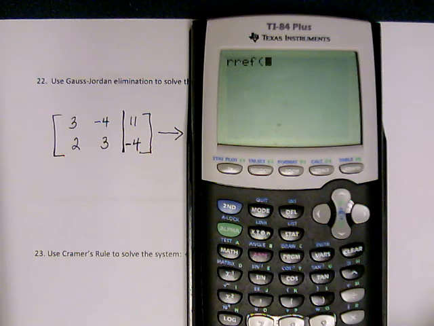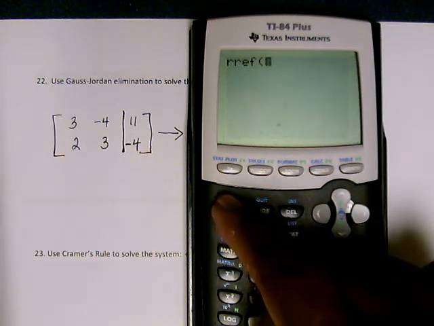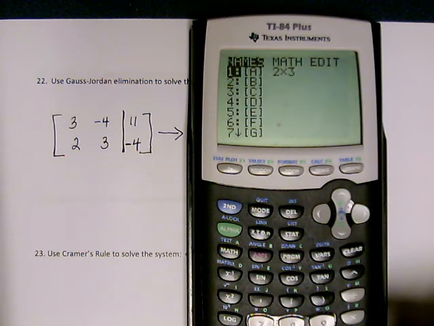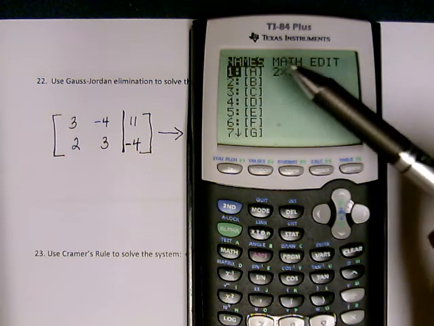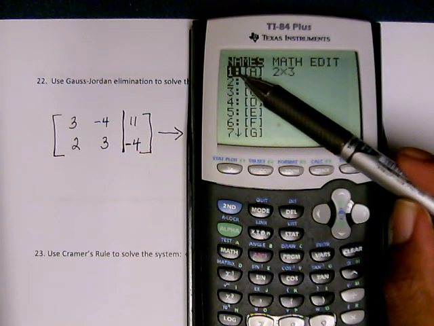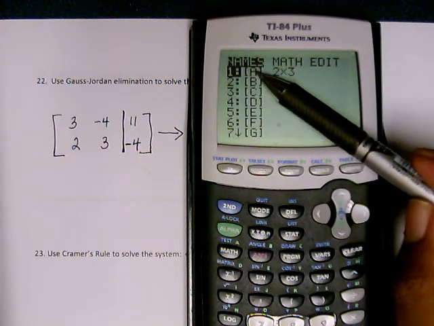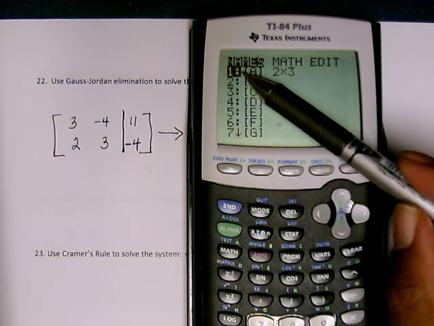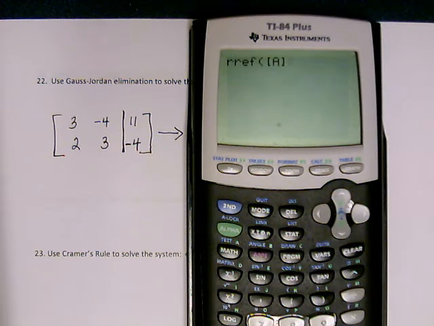So highlight that and press enter. Now I need to retrieve that matrix that I entered. So let's press second, x to the negative 1, and under the names menu, we stored that in menu item 1, which is A. So let's select number 1 for matrix A, and then close your parentheses, and then hit enter.